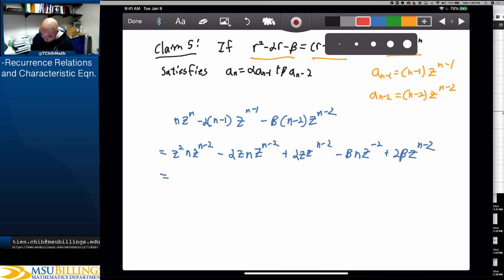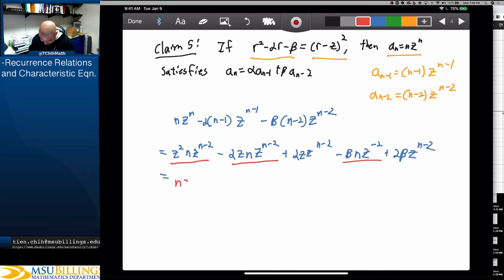Then I can group together the traditional pieces of this. We have an n z squared, a minus alpha n z, and a minus beta n, all times z to the n minus 2. That gives me n z to the n minus 2 times z squared minus alpha z minus beta.